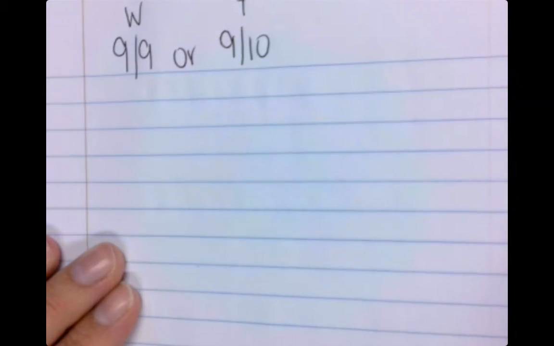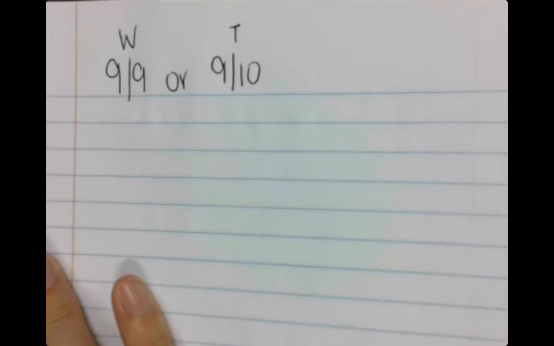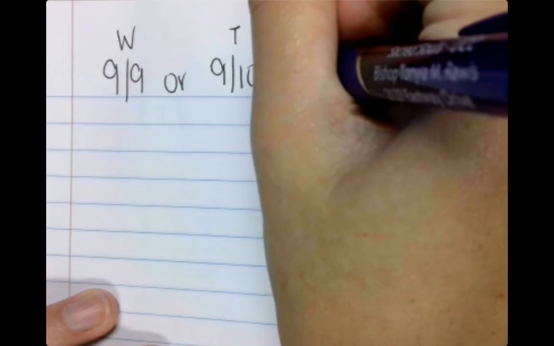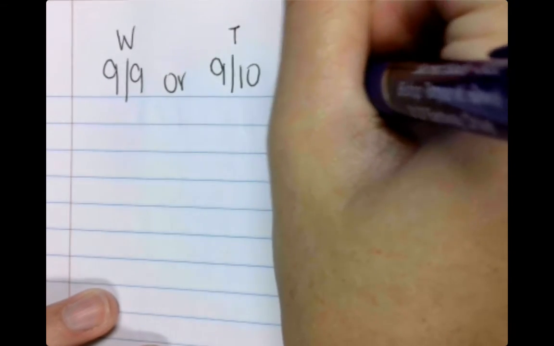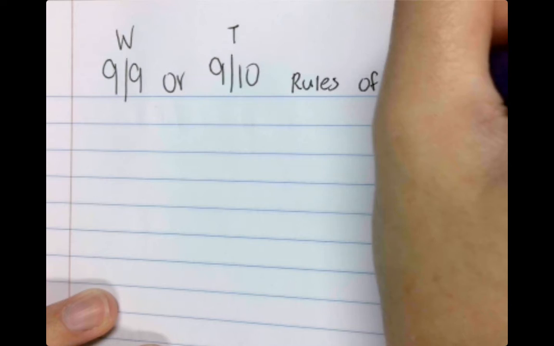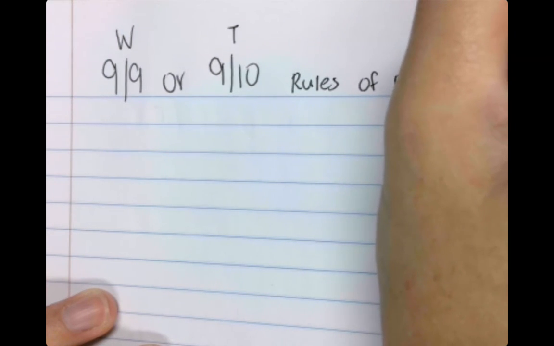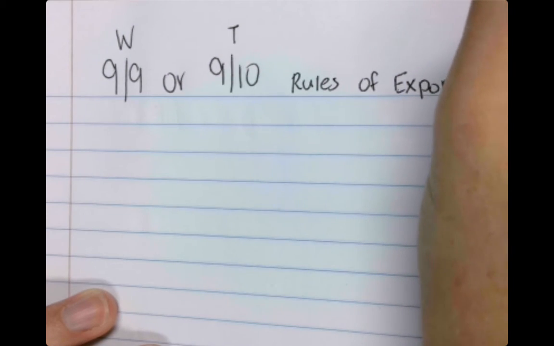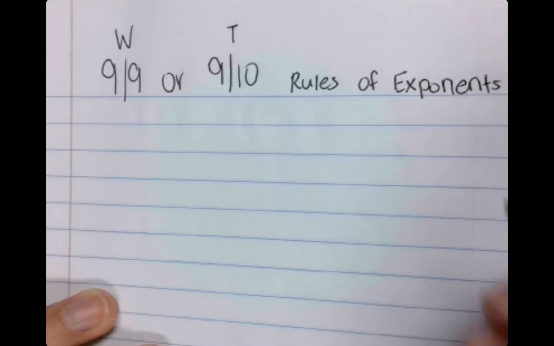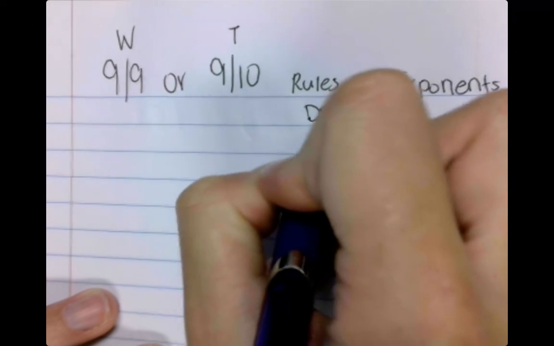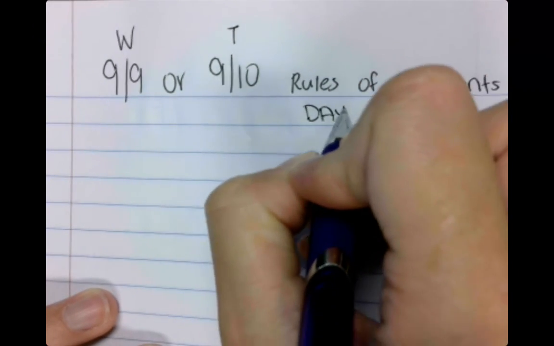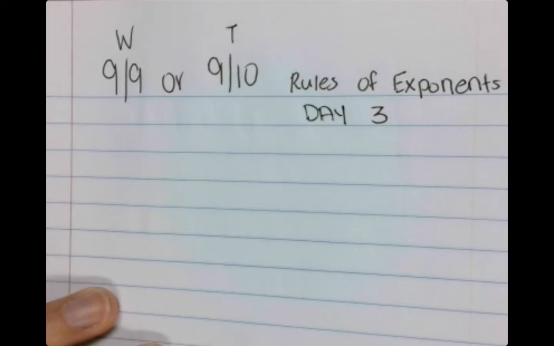If it is Thursday, it is 9-10. And this is going to be Rules of Exponents, Day 3. We're going to start with a few examples.